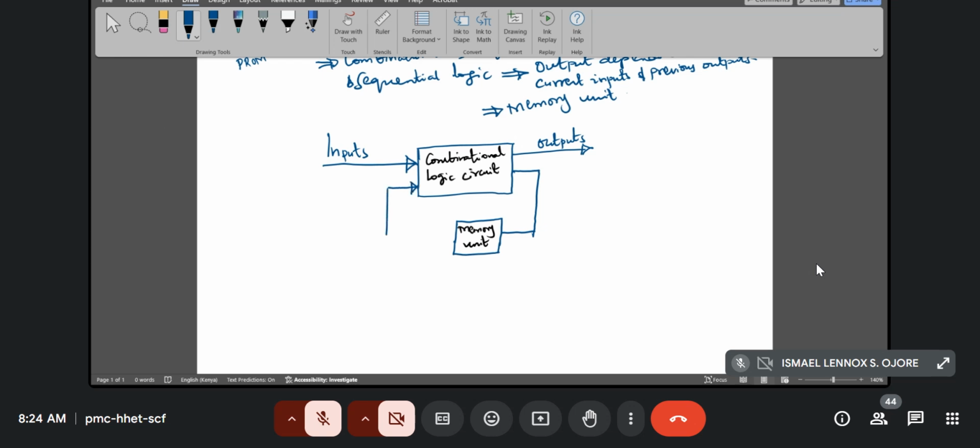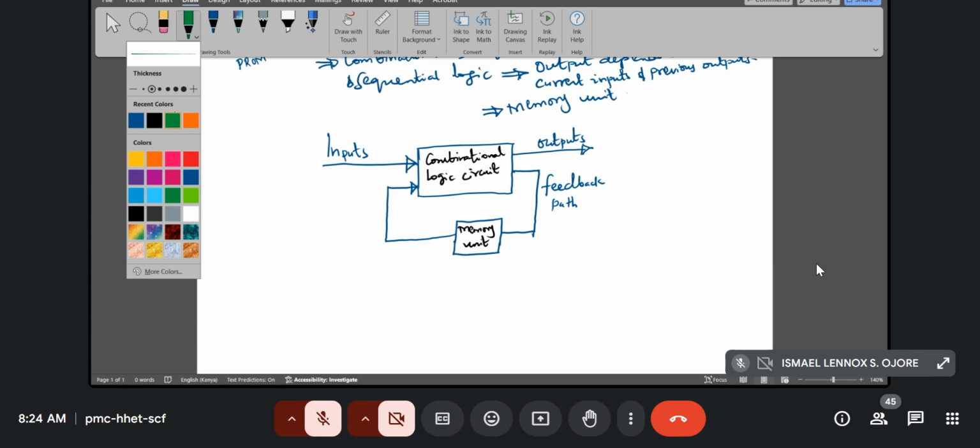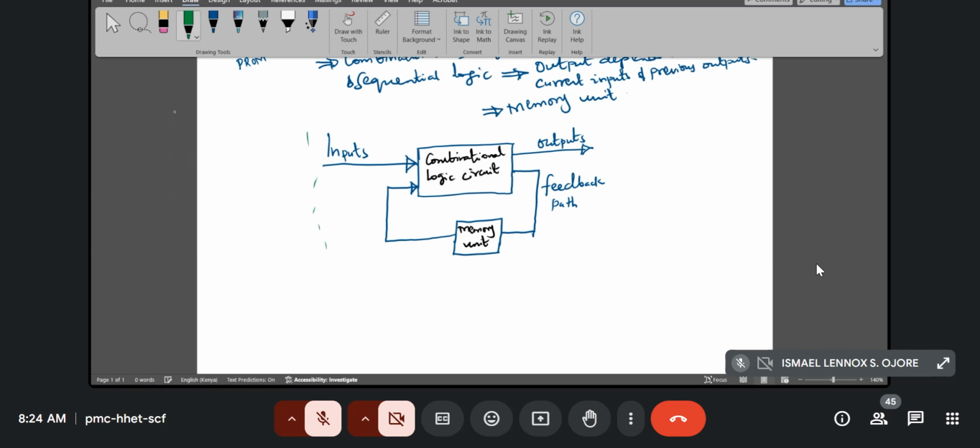So this now gives us the sequential logic circuit, our sequential system.